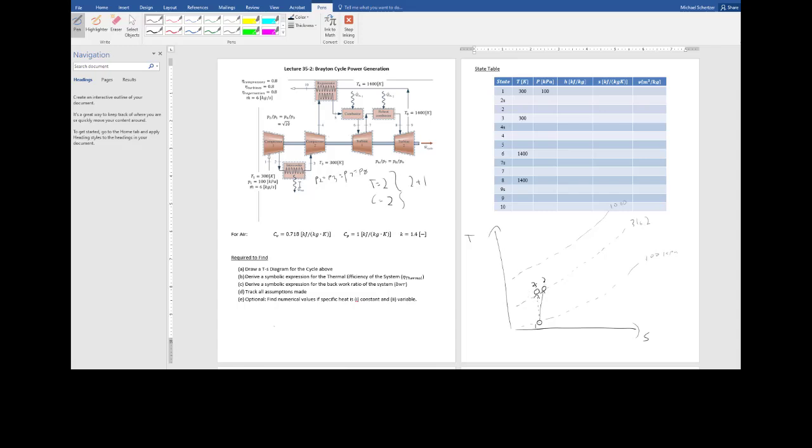Anytime I cool down, it's at constant pressure, but I move from right to left. So state 3 is down here somewhere. As I go from 3 to 4, I could go through an ideal version of the compressor, which would be to 4s, or the real version, state 4.